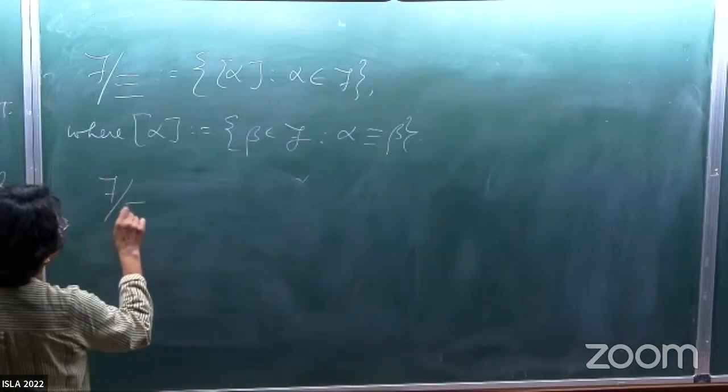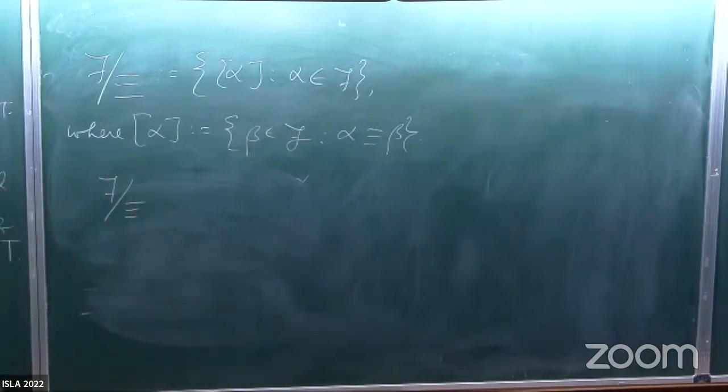Let's briefly look at the cardinality of this. We began with a countable number of propositional variables, right? So the alphabet, in fact, is also countable, the entire alphabet.